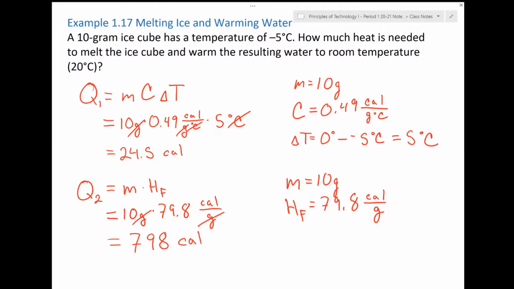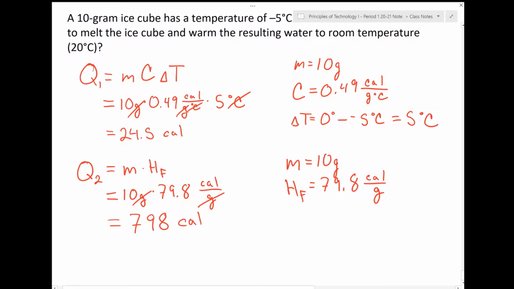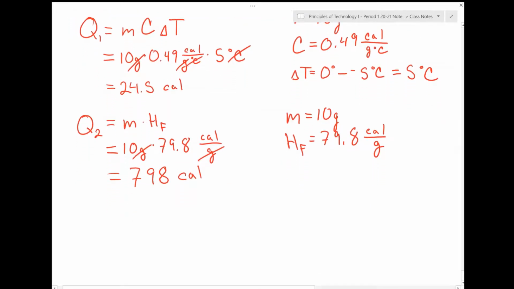Lastly, we need to calculate the heat required to raise the temperature from 0 degrees Celsius to 20 degrees Celsius. And we're going to use, again, heat is equal to mass times specific heat times change in temperature. Mass, once again, is equal to 10 grams.